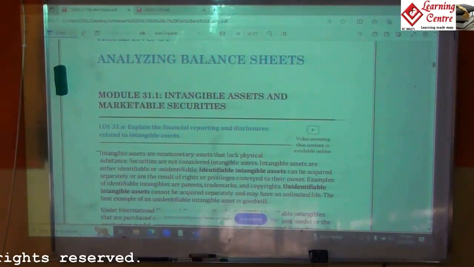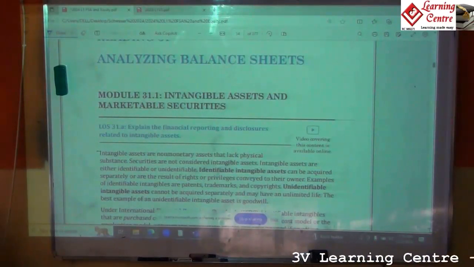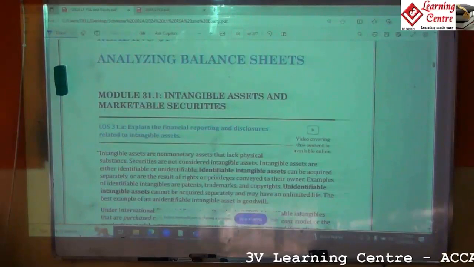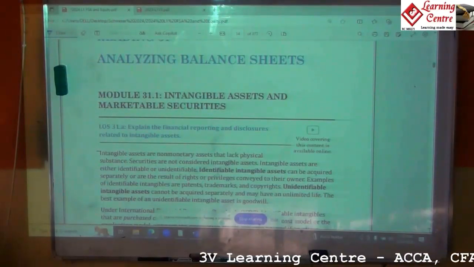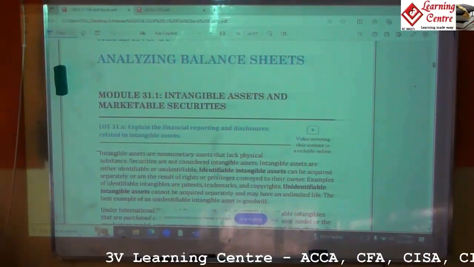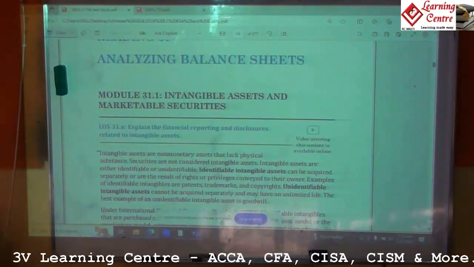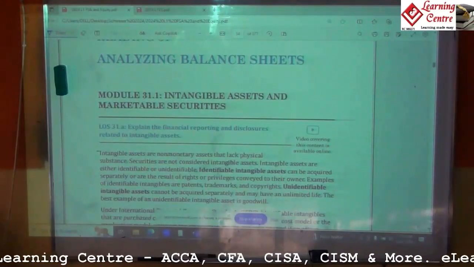So at what point do you use the revaluation model? The revaluation model can be used if we have an active market for that intangible asset. Let's note: revaluation model can be used if we have an active market for that intangible asset. An active market is like, we have a market that says this is what the dollar is worth today, this is what the intangible asset is worth today, and everybody agrees on it.